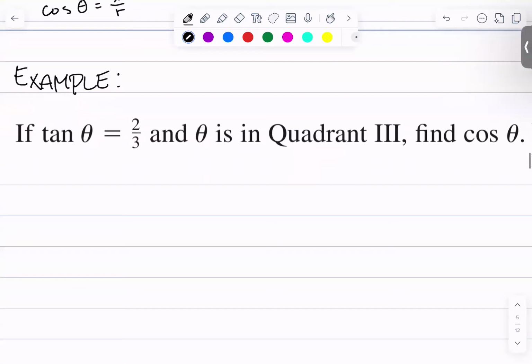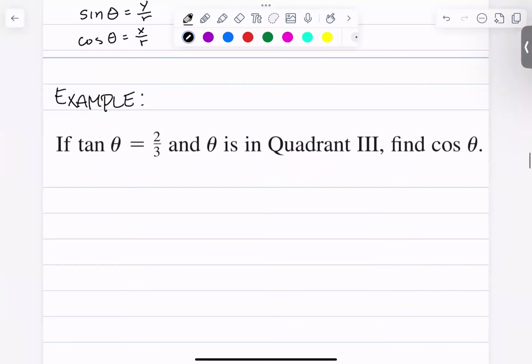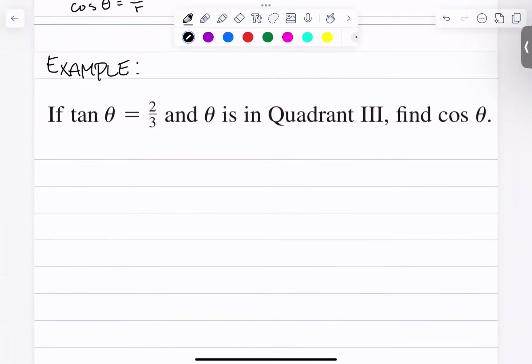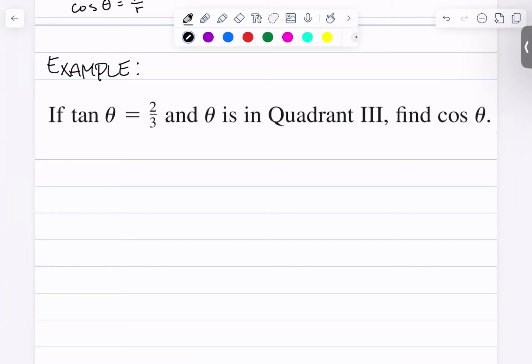Okay. Here's an example. If tangent of theta equals 2 over 3, and theta is in my third quadrant, find cosine of theta. The first step would be to draw it out. Okay, so I have my positive x-axis of my initial side, and I want quadrant 3.